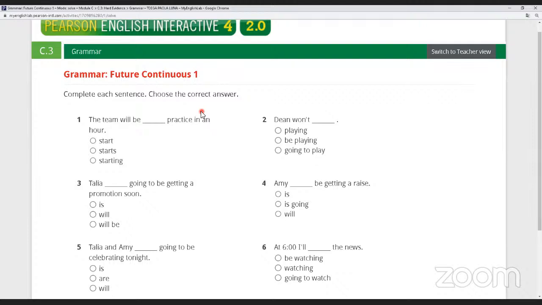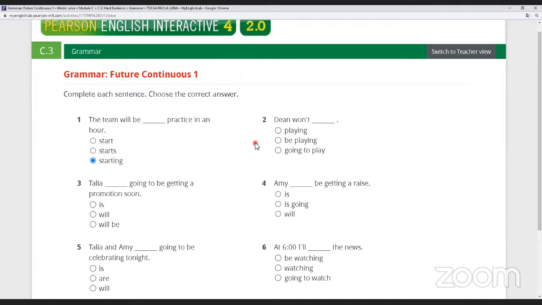You're going to notice. So you said start. And no, the team will be starting practice in an hour. Okay, great. Number two.